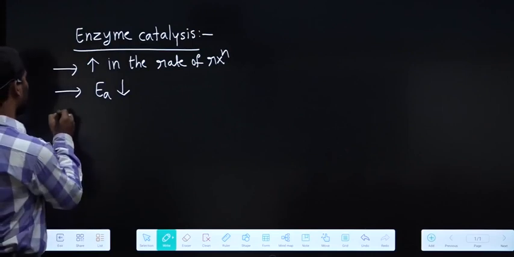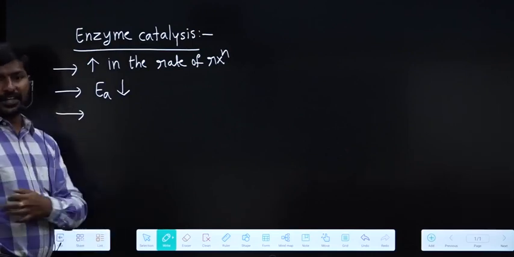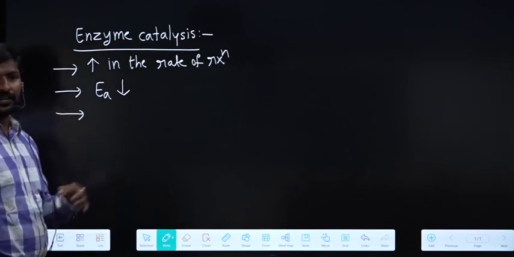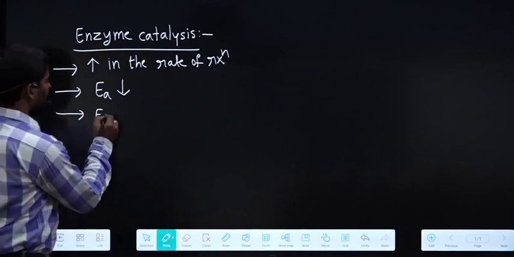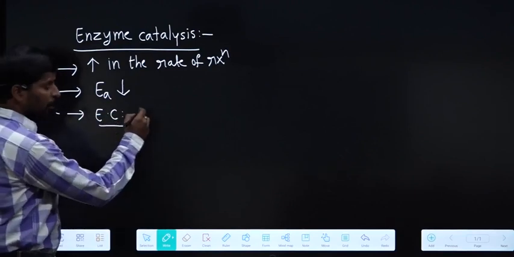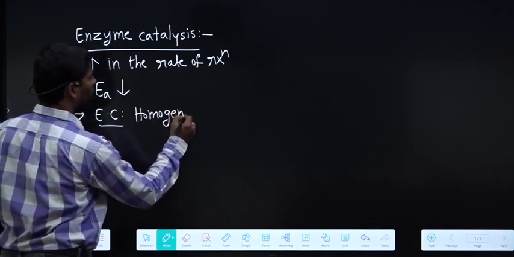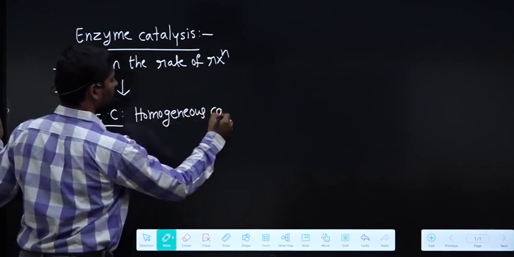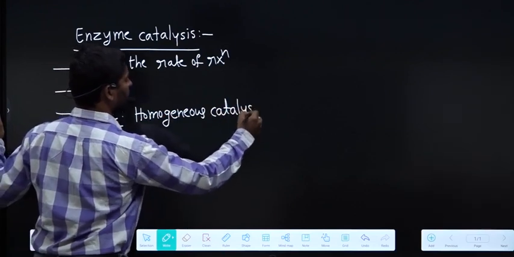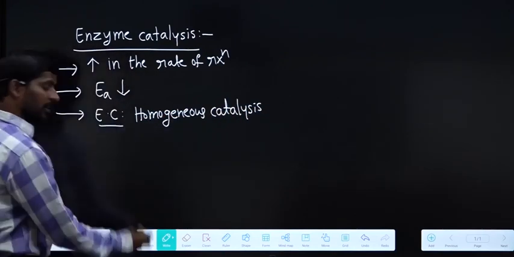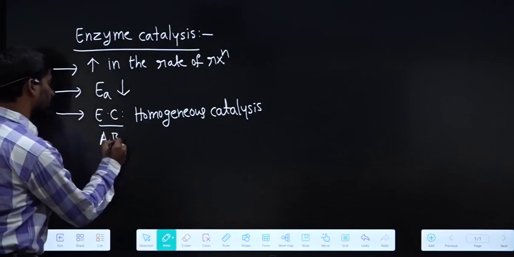Enzyme catalysis comes under homogeneous catalysis or heterogeneous catalysis? Enzyme catalysis comes under homogeneous catalysis. Acid base catalysis also.